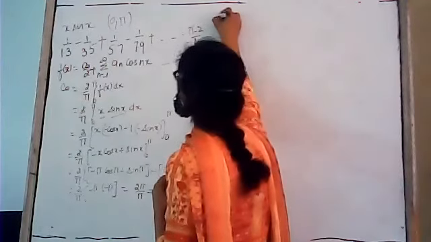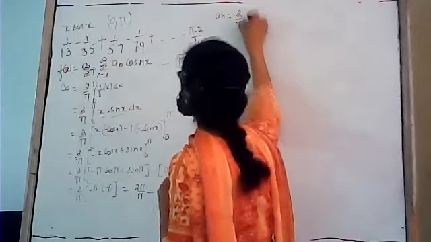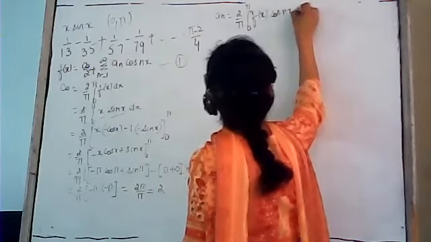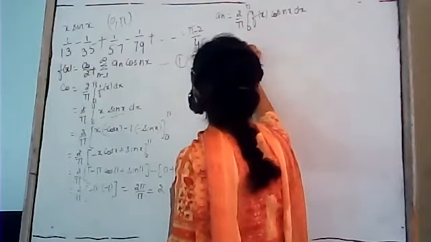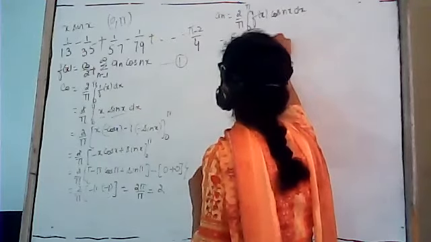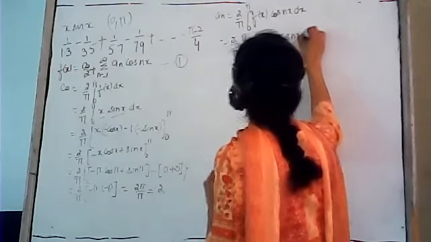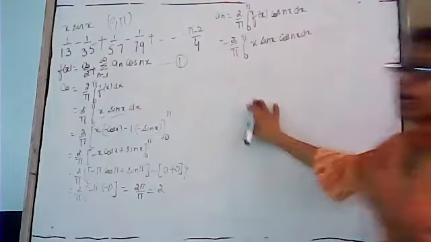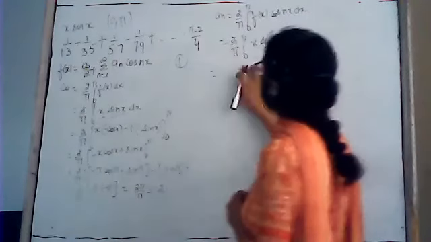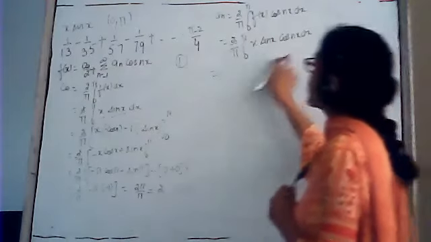After that, we have to find the value of an. This is 2 by pi, 0 to pi, f(x) cos of nx dx. This is equal to 2 by pi, 0 to pi. The value of f(x) is x sin x into cos of nx dx. Again, this is equal to 2 by pi, 0 to pi, x into sin x cos nx.